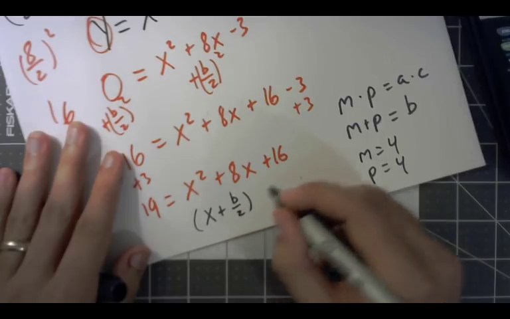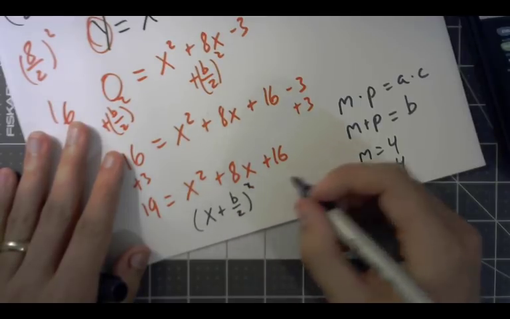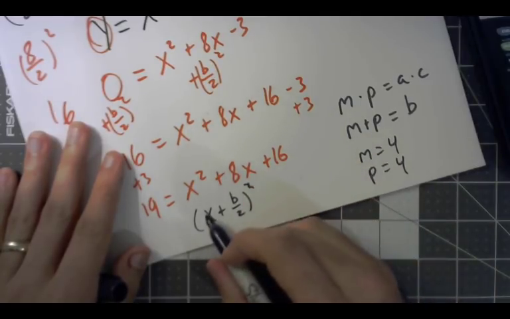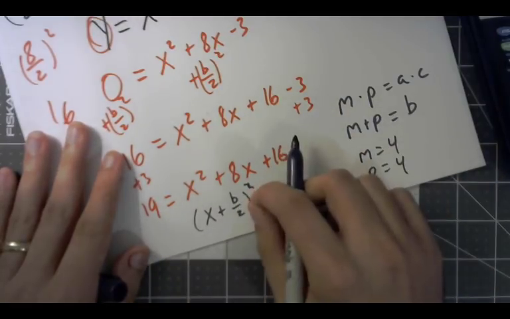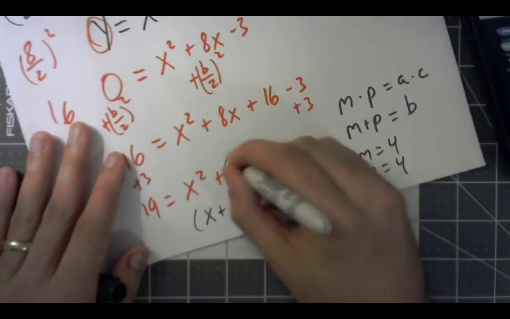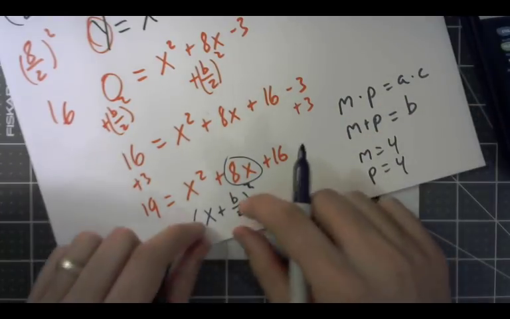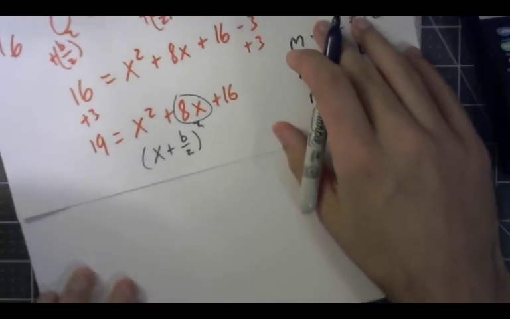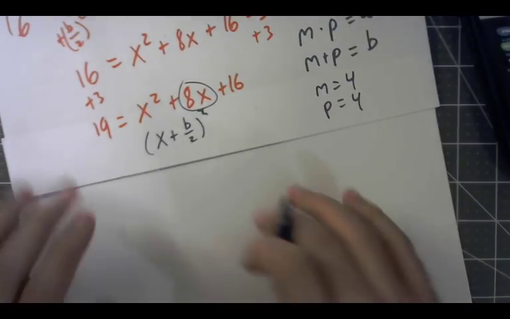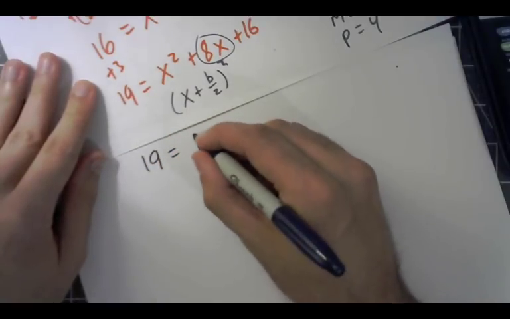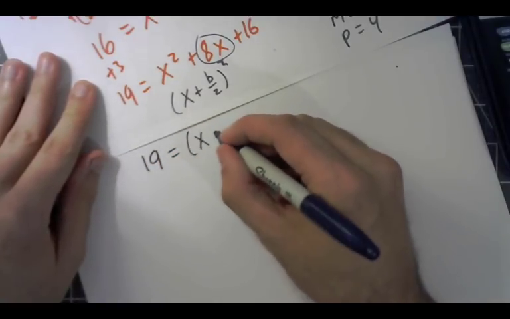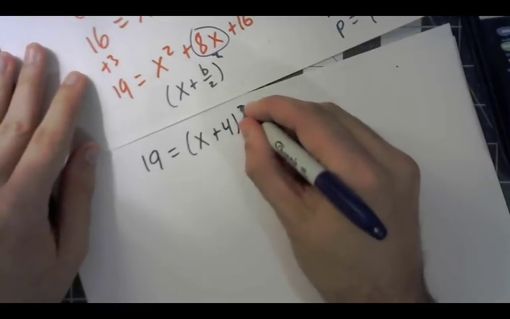So having this perfect square added in cleans this up so that no matter what, this factors into x plus half of b, squared. And remember, this square does not just go to this and this. It makes 2 versions. We don't square each individual term. So don't ask, where did this go? We're going to factor it into this. So we have 19 equals (x plus 4) squared.